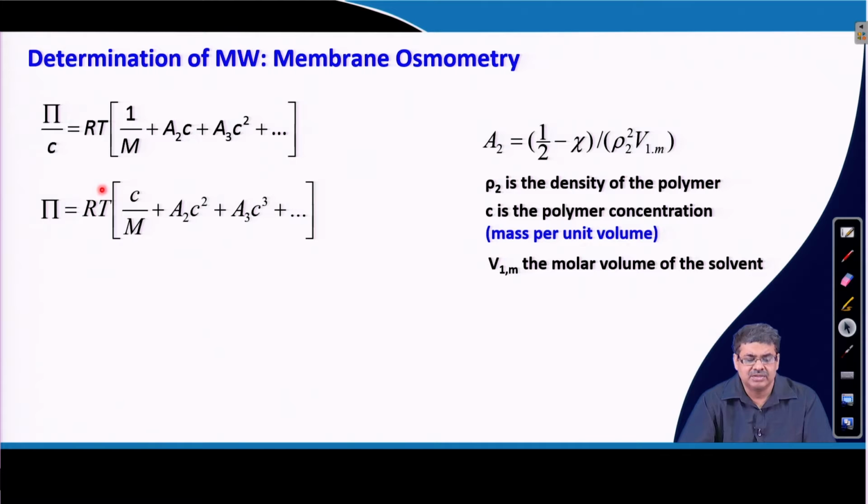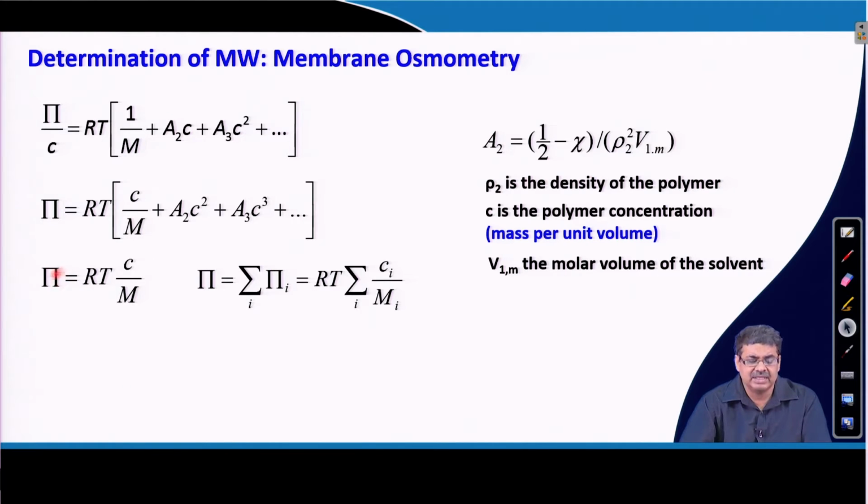Now, we can express this expression, just multiply by C both sides, we get this expression. Now, if the solution is very dilute, then we can ignore the C square term and C cube term from the right hand side. So, we can just write this, in case of very dilute solution.